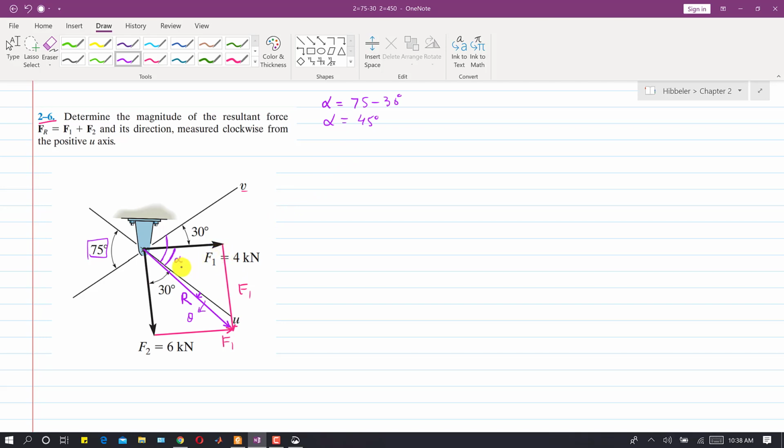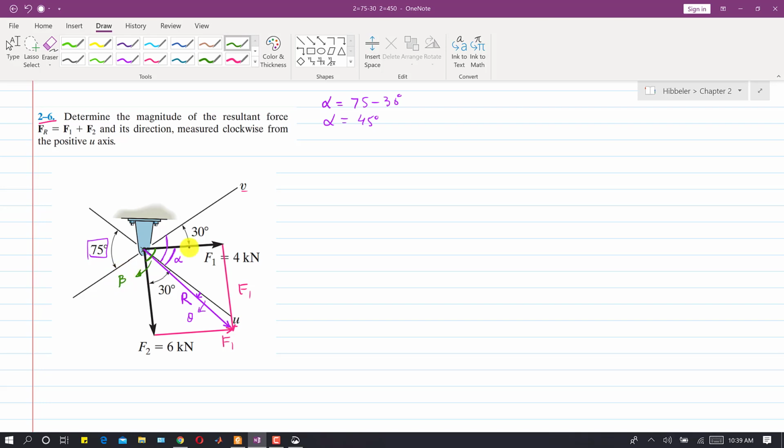Now what is the angle between F1 and F2? If I draw that angle, this is that angle, right? This green one. This is the angle between F1 and F2, and this will be the summation of this angle, alpha, plus this 30 degrees. Let's suppose that this green angle is beta.